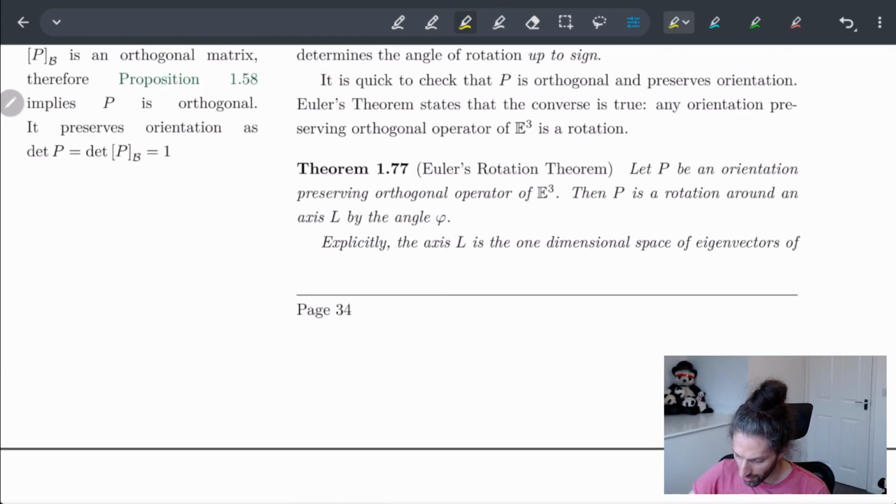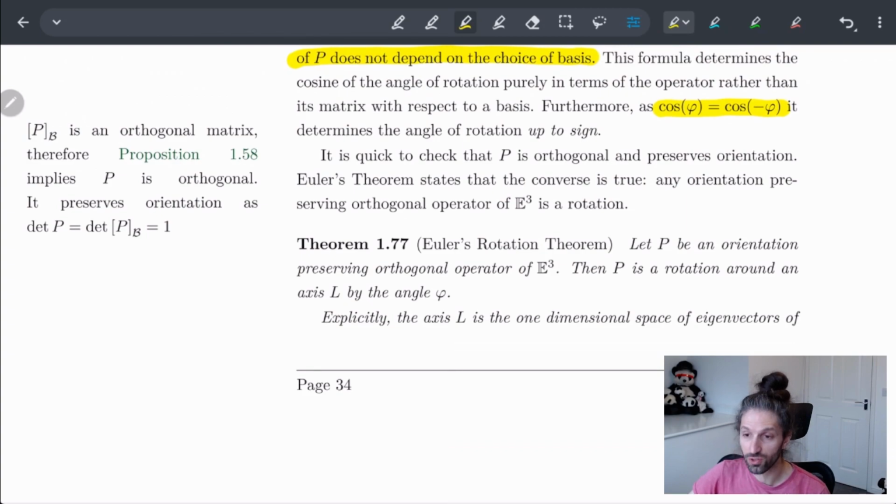And now we can actually look at Euler's rotation theorem. So what is Euler's rotation theorem? First we'll notice that P is orthogonal and preserves the orientation. This you can check if you want.